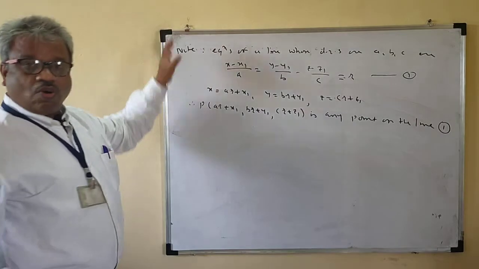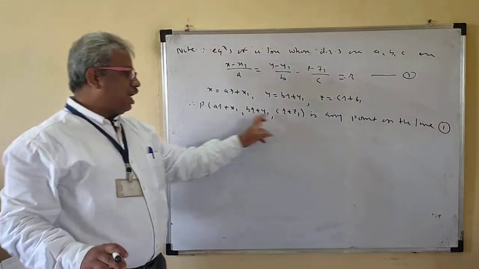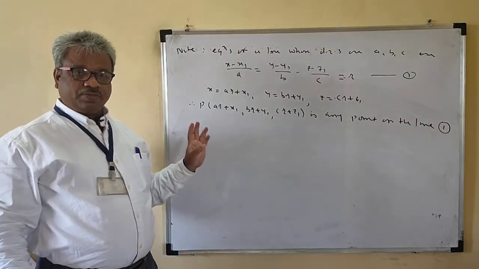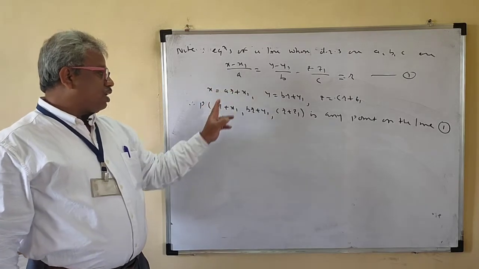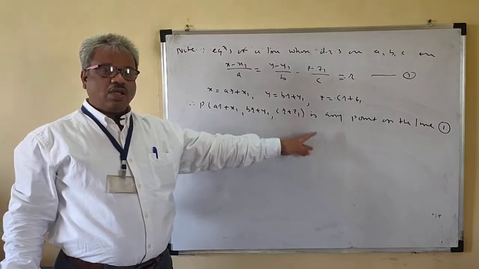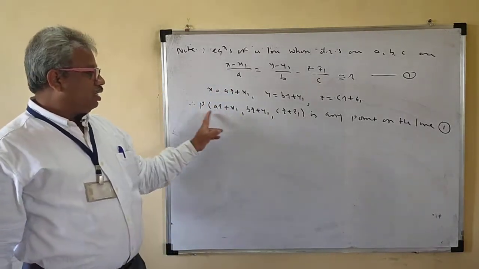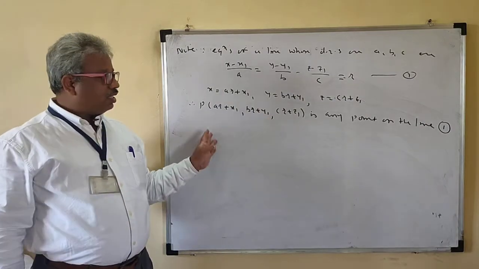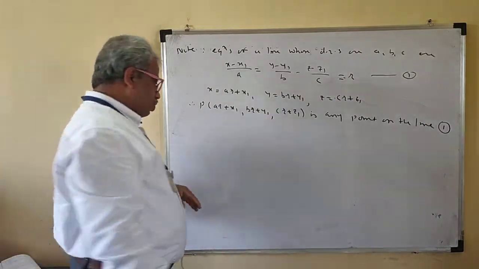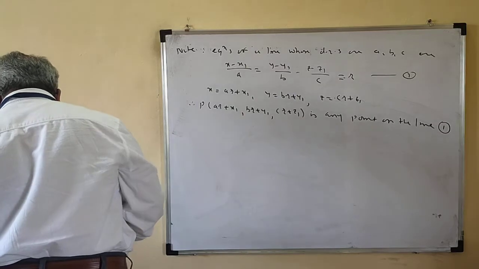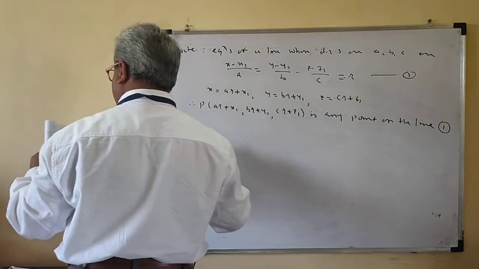That means the coordinates of any point on line 1 are in this form. Now we'll solve some problems on it so that you will understand.